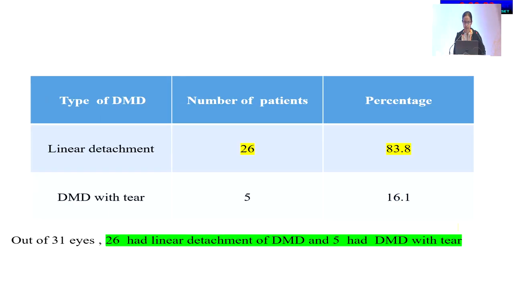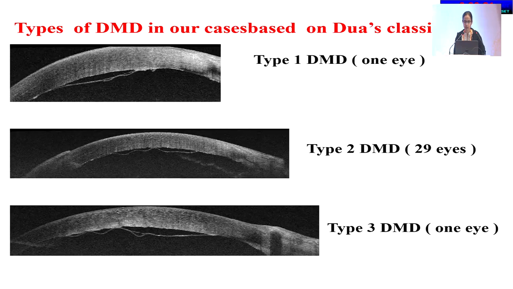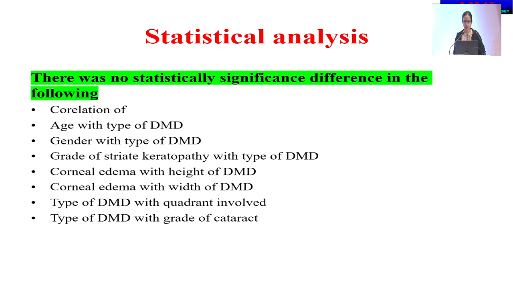And 26 had linear detachment of DMD and 5 had DMD with tear. These were some images of type 1, type 2 and type 3 DMDs in postoperative cases. Our statistical analysis showed there was no statistically significant difference in the correlation of multiple variables.